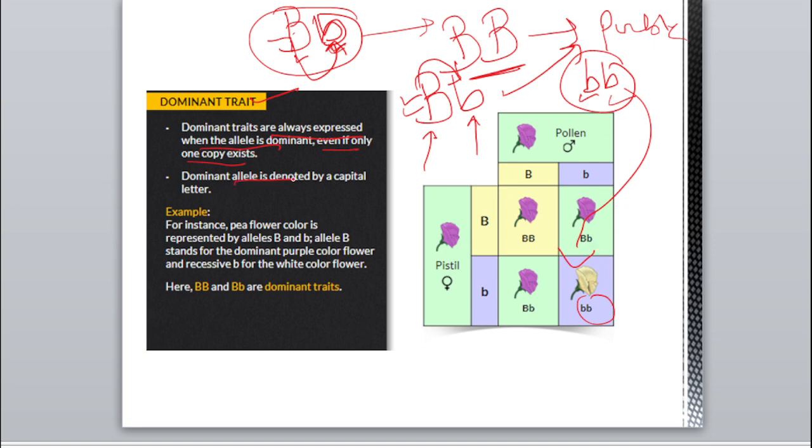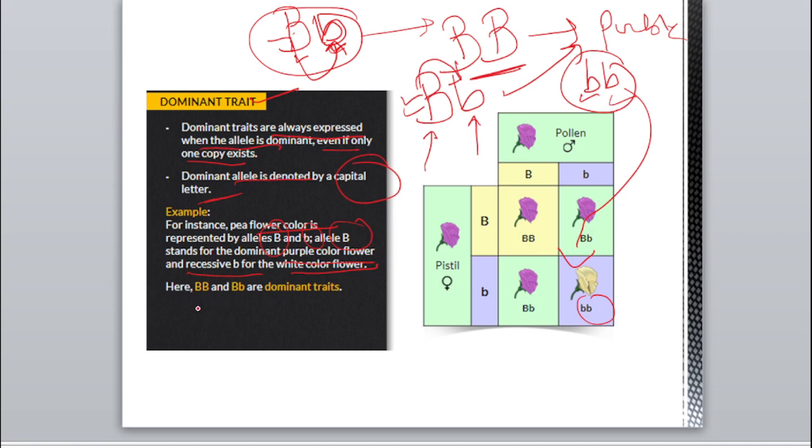So a dominant allele is always denoted by a capital letter. For instance, in this example, flower color is represented by capital B and small b, where capital B is dominant and represents the purple flower, and small b is recessive and represents the white flower.